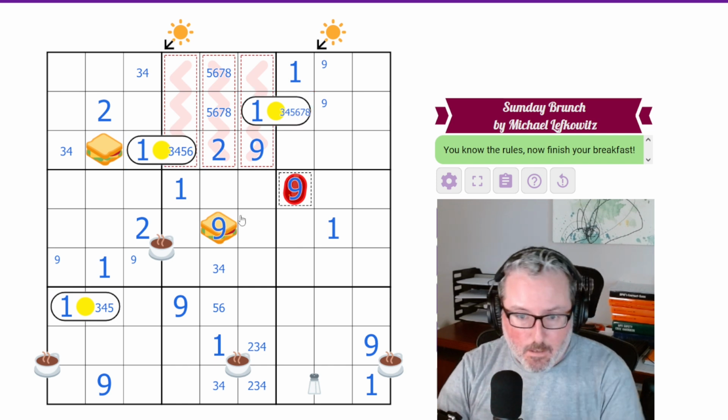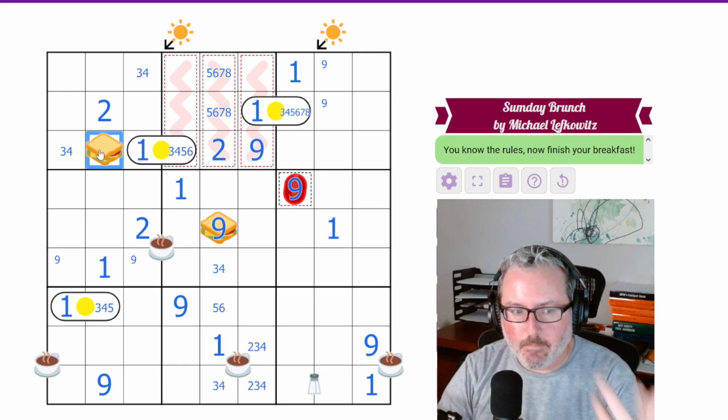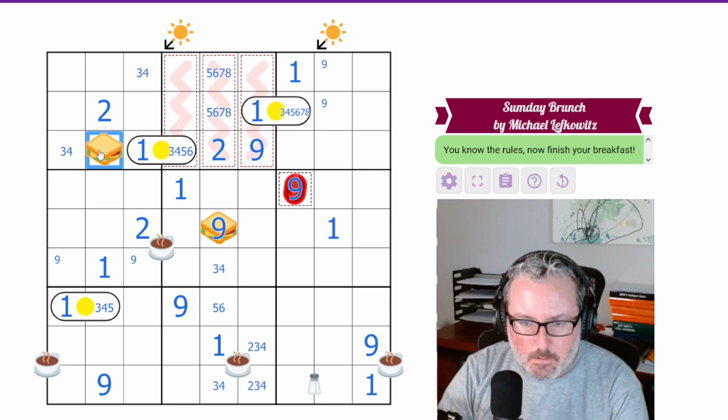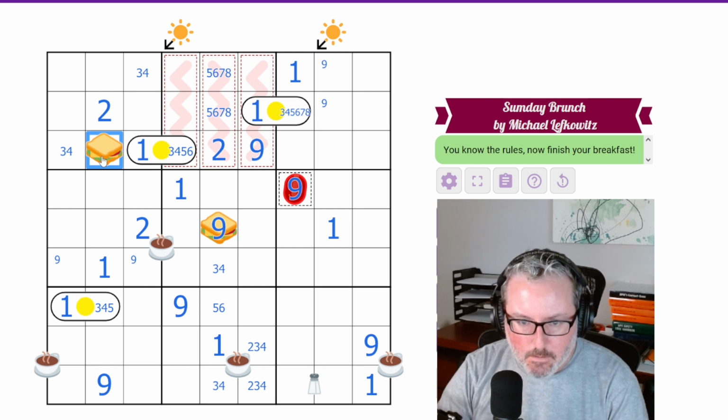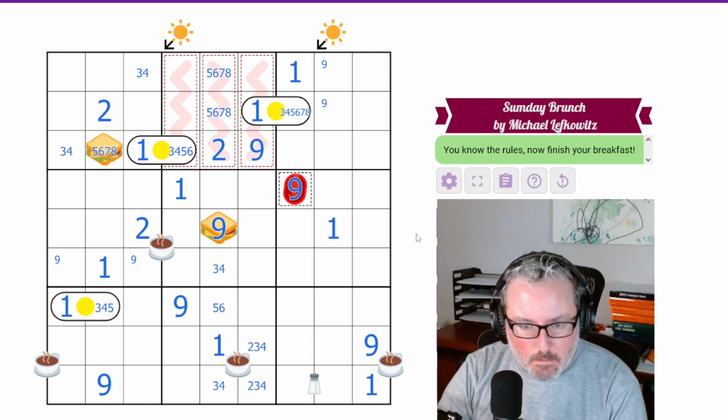We can make some deductions as to what these could possibly be, although it's not great. Whatever this digit is plus whatever this is, it's either 5, 6, 7, or 8. Again, not super helpful.